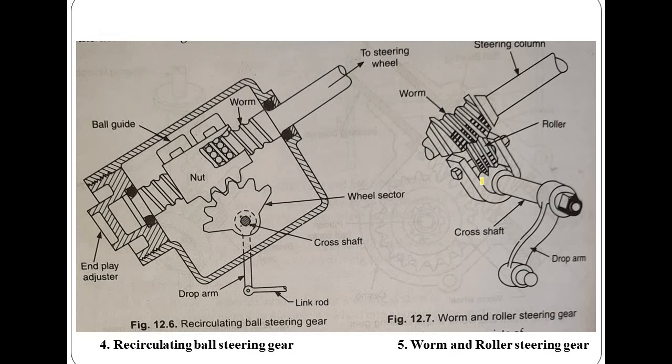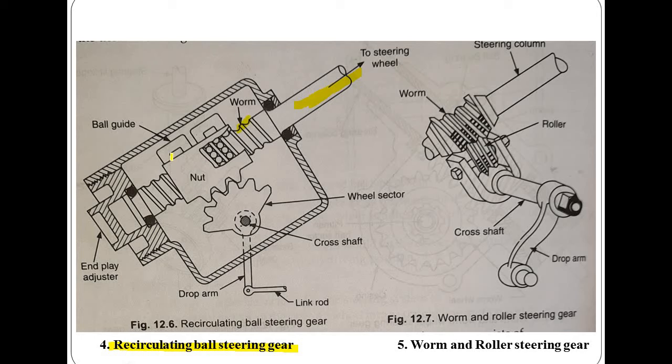So let's focus on today's point of discussion, the recirculating ball steering gear. I will tell you the various units of this mechanism. This is the steering column, in which the steering shaft is present, through which we operate the movement of the steering wheel.